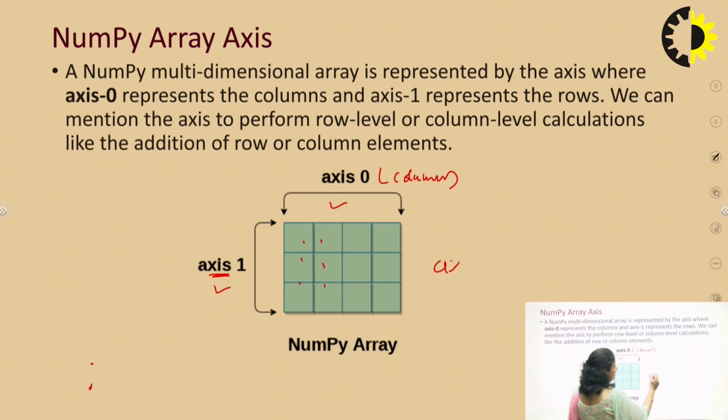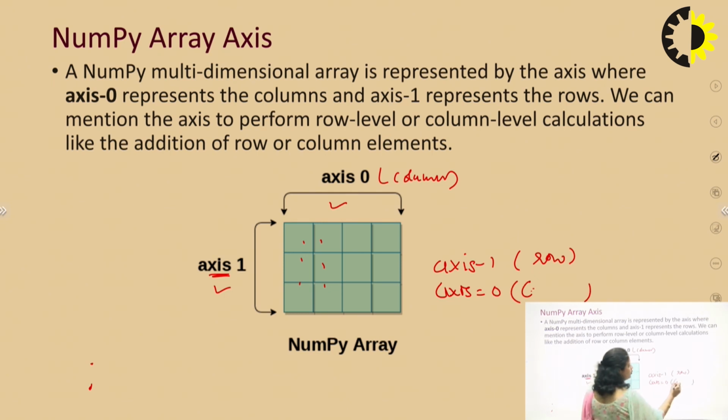If we mention axis 1, then we are working on rows. If we mention axis 0, then we are working on columns.